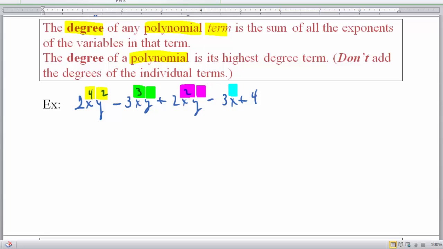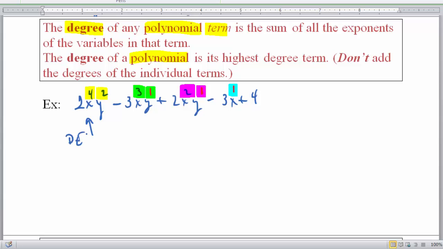Right? And the little highlighted colors that don't have any number in there, you've got to realize are really 1. If you just see a y there, it's really y to the first. If you see just an x there, it's really x to the first. Okay? So the degree of the first term here is just 4 plus 2.